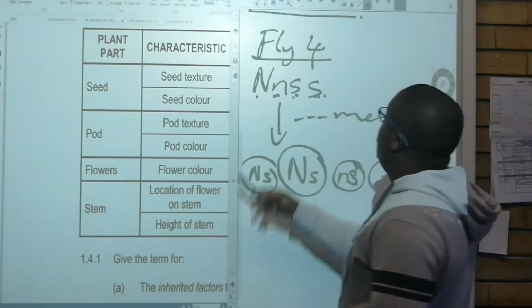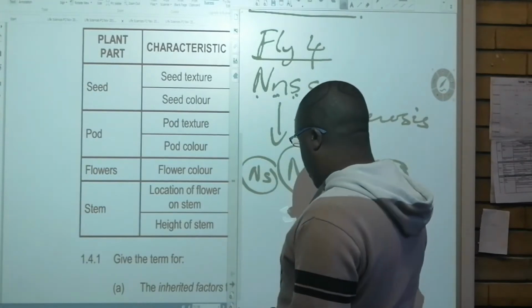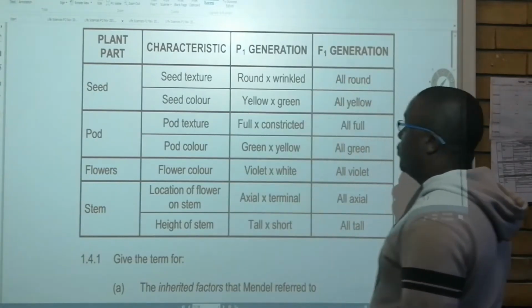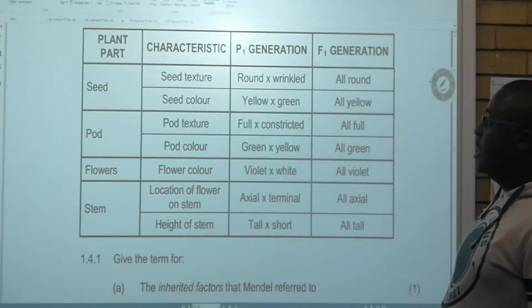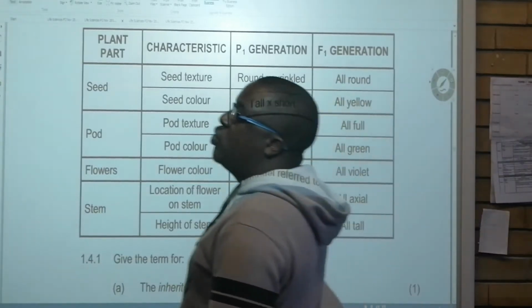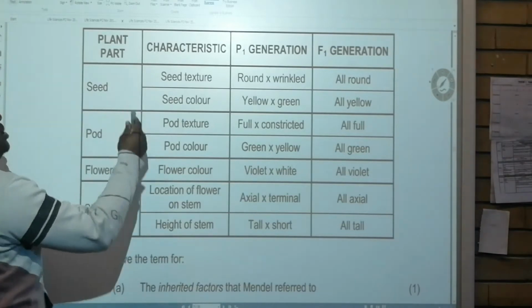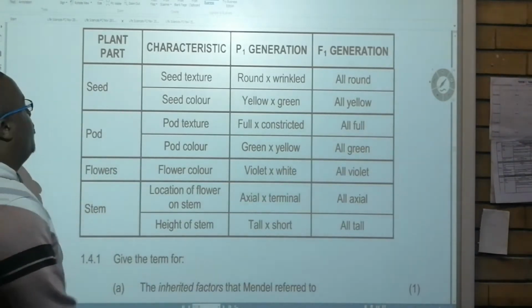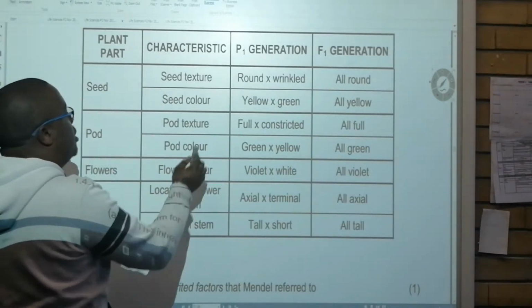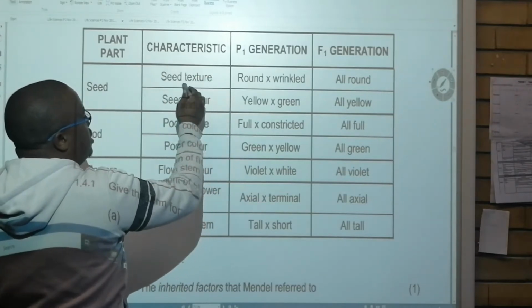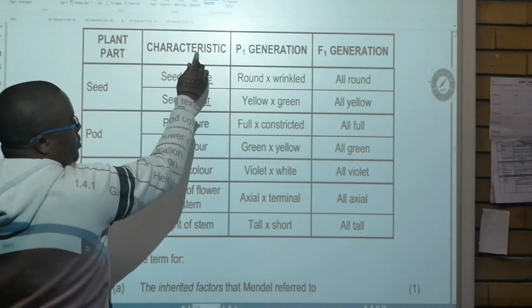So he did his monohybrid process and then he got results. These were the results. I need to understand this table before I even go to the questions. For the characteristic of seeds, for the seed part of the plant, he looked at the characteristic of what? Texture and color.